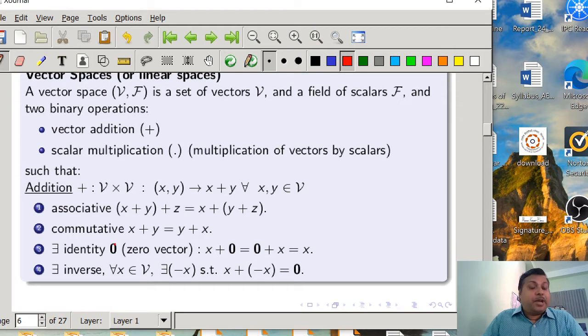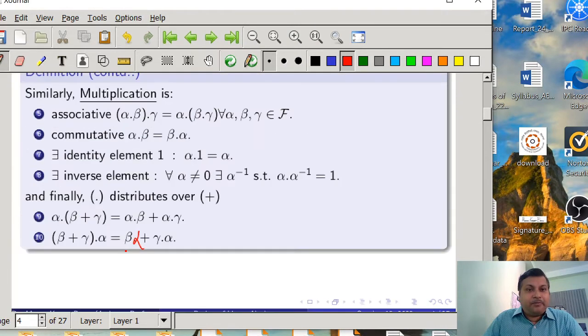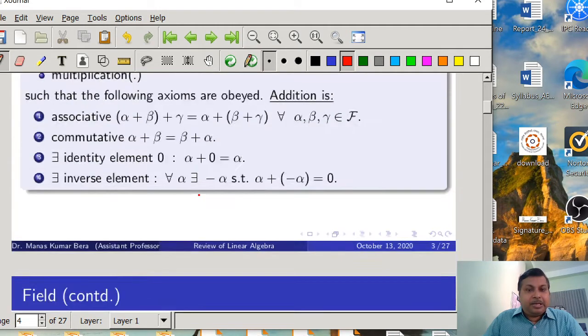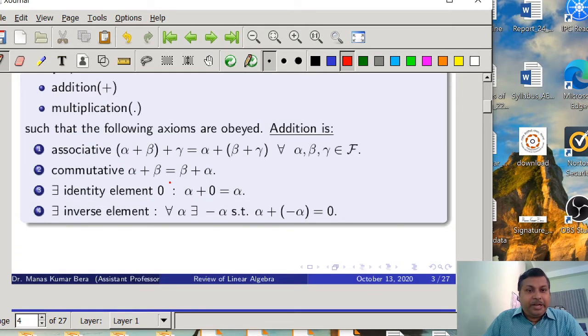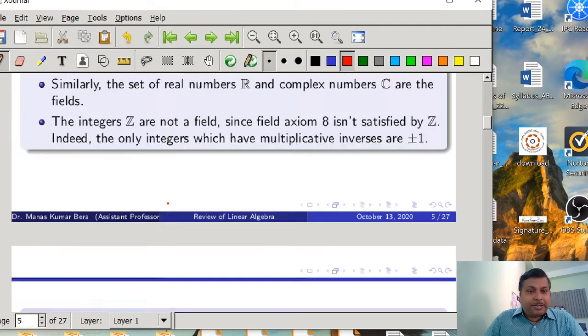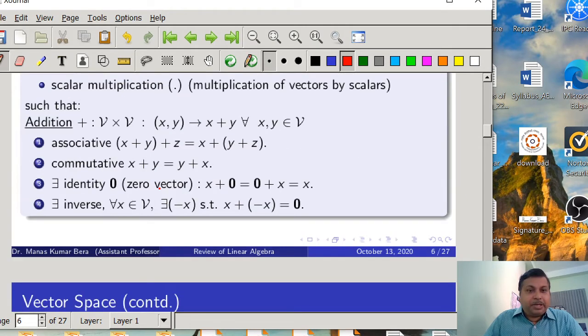Here you should understand that this 0 is not the scalar 0 we discussed in the case of the field element. It is not a scalar. Here this 0 is a vector.